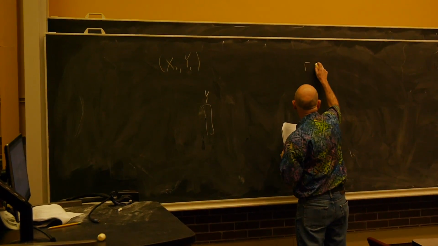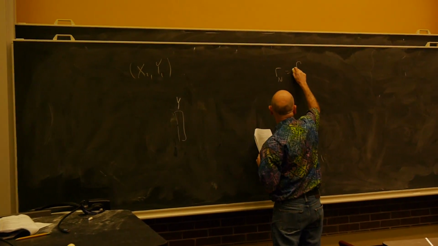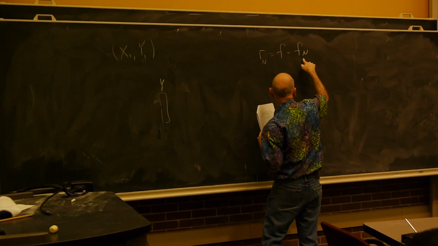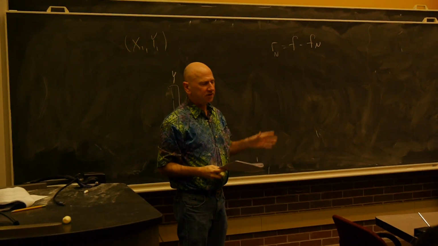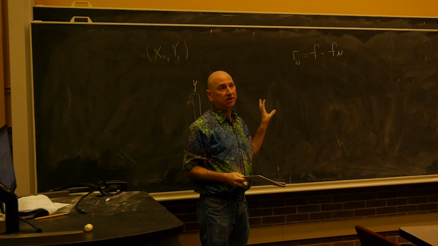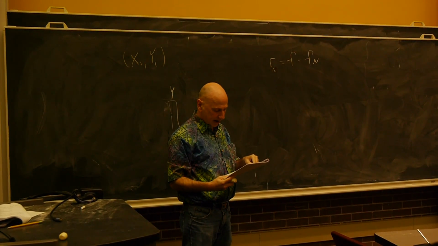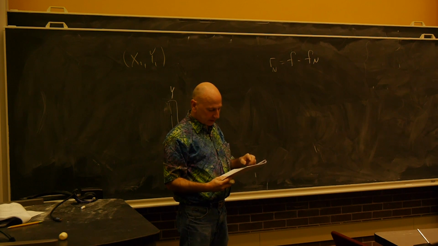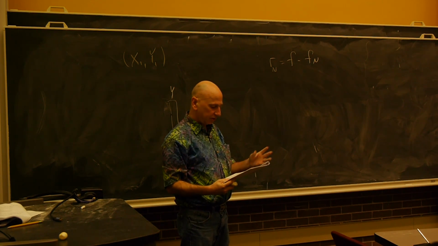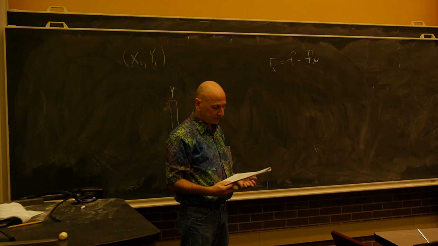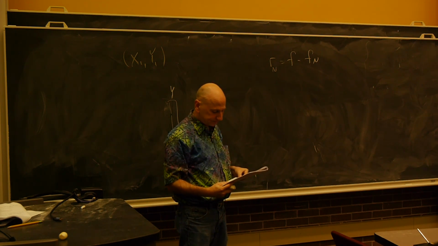The residual at time n is just f minus f_n, where f_n is simply the projection onto the span of the subset that I chose, the best approximating n. So again, this is actually on page 6. The algorithm's written out. I called it the orthogonal greedy algorithm. It's just the functional version of forward stepwise regression.